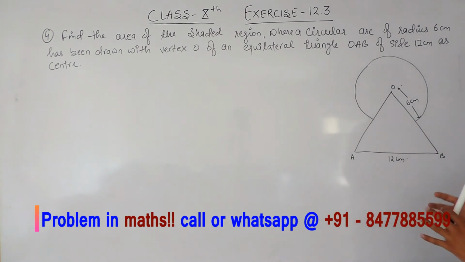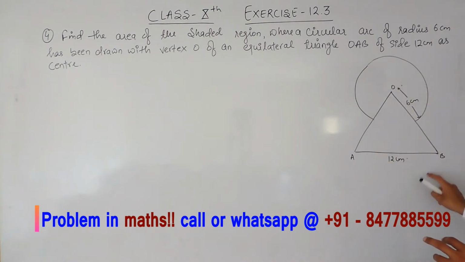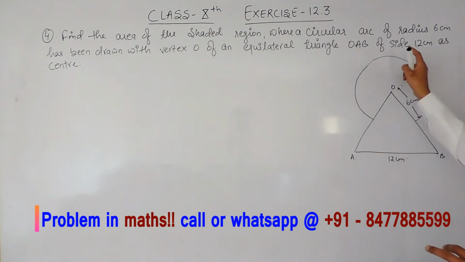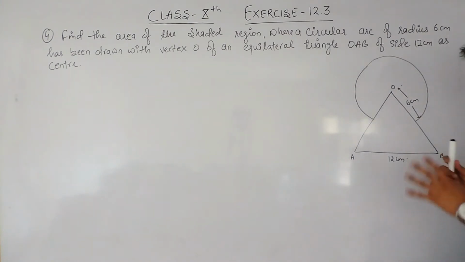Here this is an equilateral triangle with side 12 cm, and this is a circle with center O. So if you want to find the area of this figure, first of all, there are two parts in this figure, or you can say this is a combination of two figures.